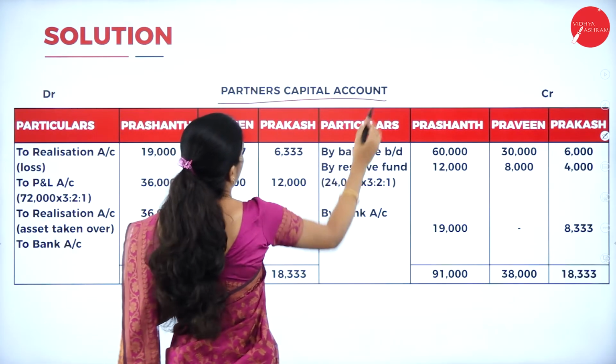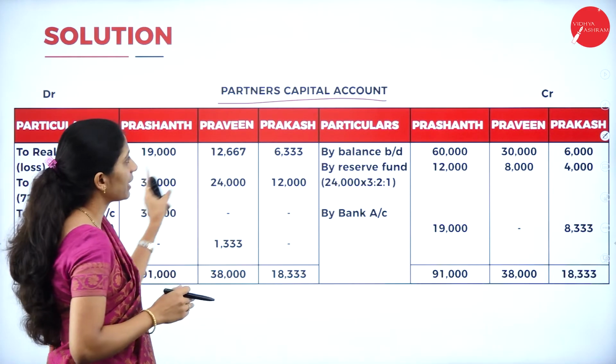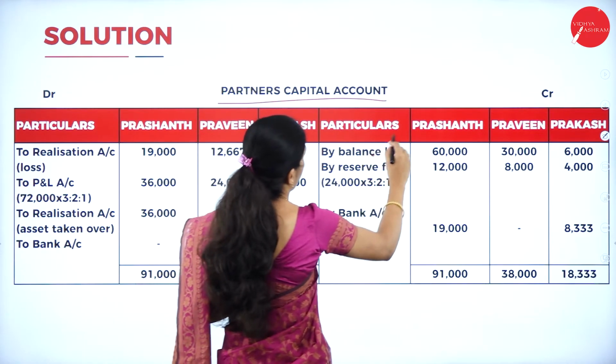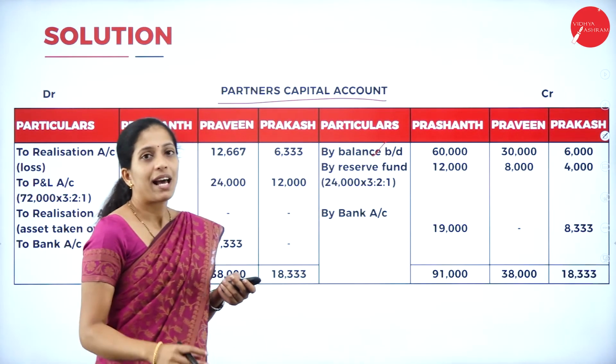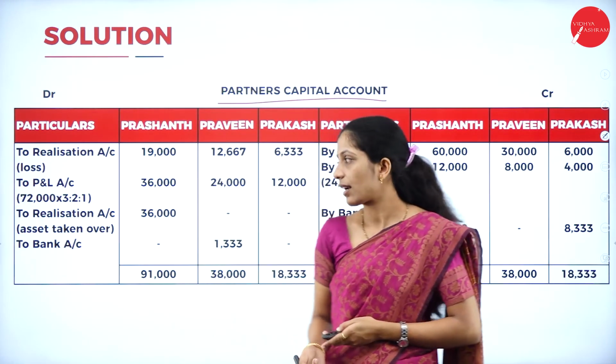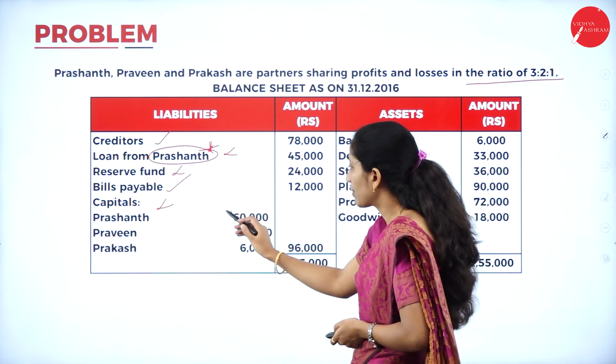Next, the partners capital account is very easy, same as your admission and retirement. You will be having a debit as well as a credit side. First, you will take the balance, that is the capital balance of the partner which is given in the balance sheet. Now, who are the partners here? Prashant, Praveen and Prakash, and they have given the capital.